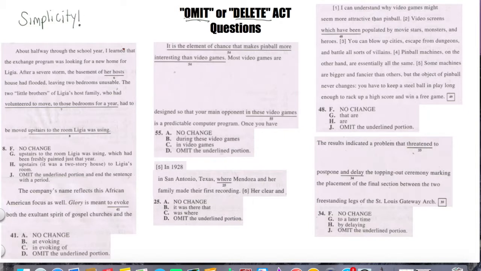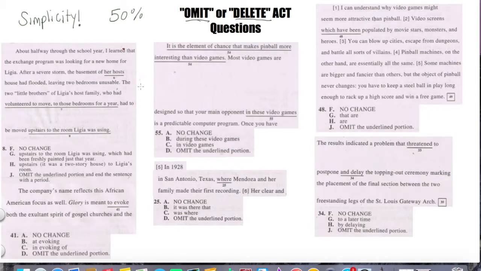So oftentimes the simplest thing to do is omit or delete something: extra information, redundancies, that sort of thing. Turns out about 50% of the time, omit or delete is the correct answer on an ACT question when it comes up. And nothing else on any standardized test is like that, where you can be sure that about half the time this is the right answer.